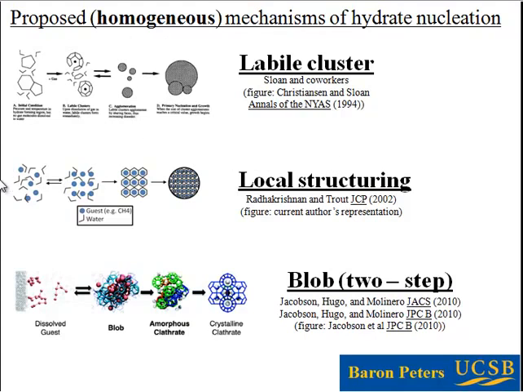Alternative ideas were put forth by Trout and coworkers in 2002. So they put forth this local structuring hypothesis, which is a little bit of a different sequence of events, but again, it's a homogeneous mechanism for methane hydrate nucleation. And yet another homogeneous mechanism for methane hydrate nucleation was put forth by Valeria Molinero and coworkers.